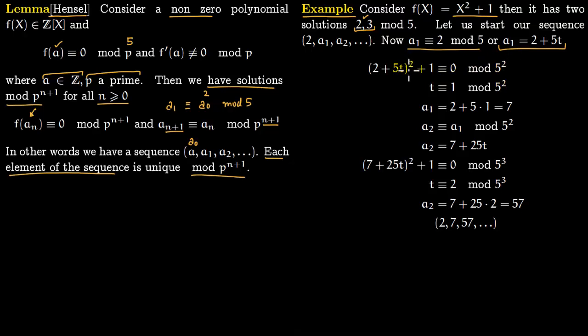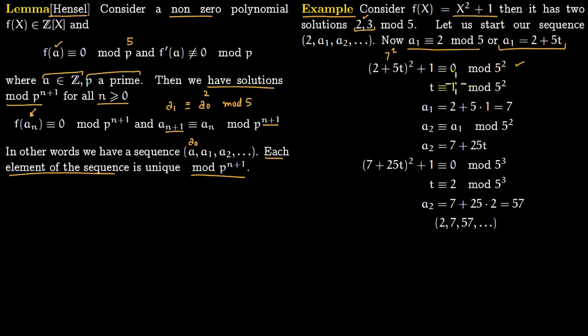Actually you can start plugging in numbers and see which one works. There is another easier way to do it by expanding this and cancelling square terms and then working modulo 5, but we are not going to go into detail of that, because you can just plug it into a computer and find out. So you can see t equals 1 satisfies this equation. If you put t equals 1, this will become 2 plus 5, which is 7. So 7 square, which is 49, plus 1 is 50.